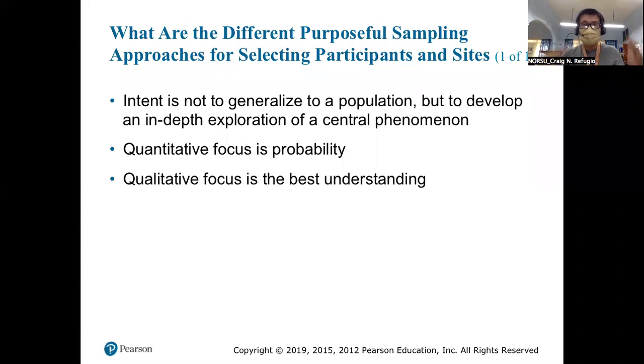The quantitative is all about explanation and it's more on generalization of what you have taken from the sample to the population where the sample is actually taken. So it is mentioned in the third bullet of my slide. Qualitative focus is actually the best understanding of the central phenomenon.